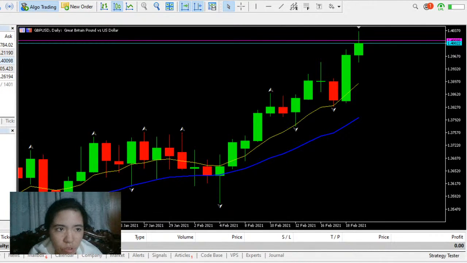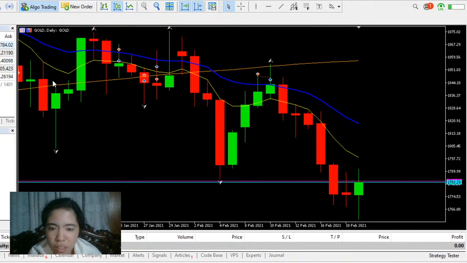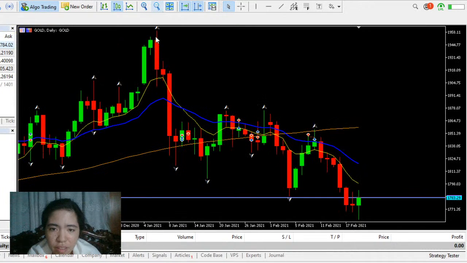So let's move on to gold, or XAU/USD. For those who followed the Instagram, I've been pointing out that since the EMAs are showing that the yellow is below blue, it means it's bearish bias.